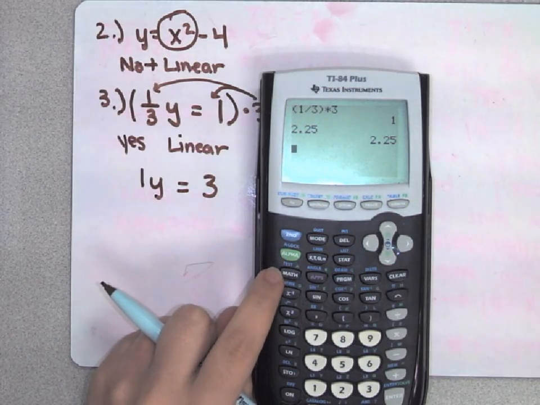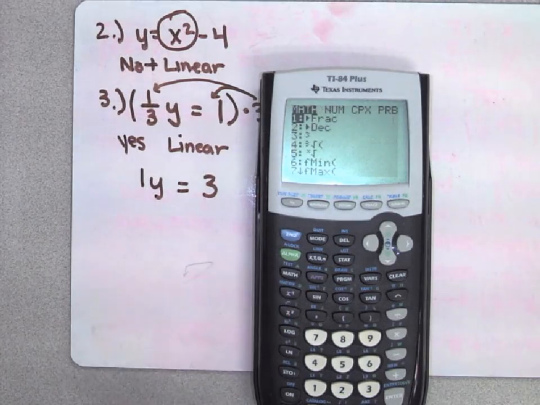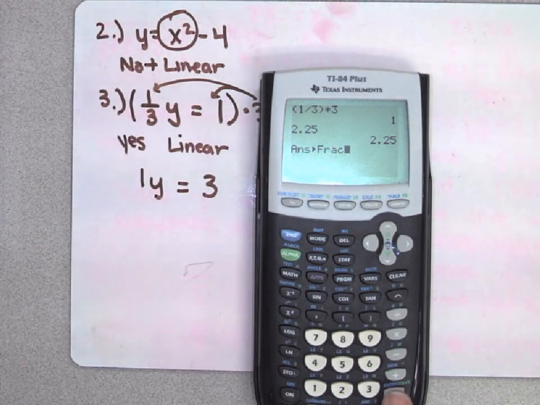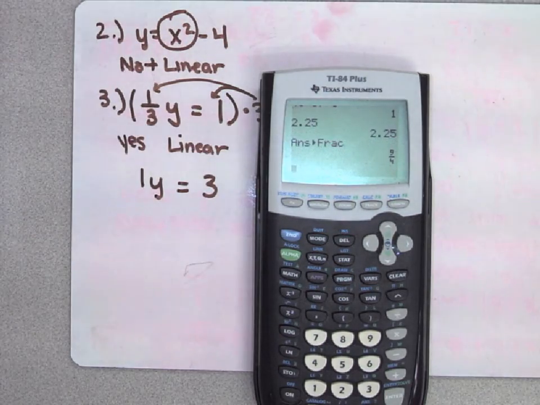And then the math button is your best button in the world. Math button, what's that first one say? Fraction. That says whatever your answer is, it'll turn into a fraction. Guess what kind of fraction it'll always turn it into? An improper fraction, because it's the most correct kind of fraction there is. So with these calculators, you'll always get an improper fraction.